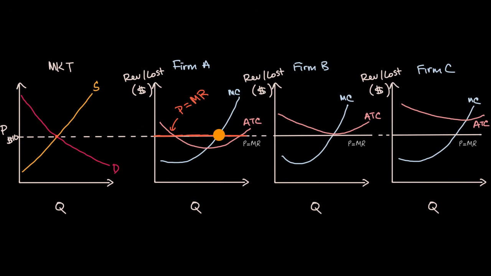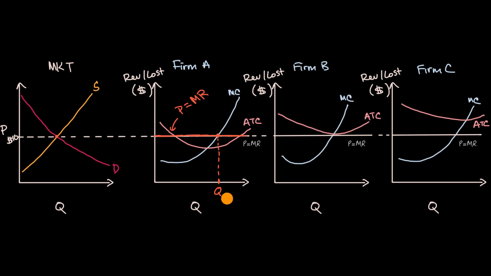And so for that extra unit, if you can't sell it for more than you're producing it for, then you wouldn't produce that extra unit. So it's rational for them to produce more and more. The marginal cost goes higher and higher until right at the point that marginal cost is equal to marginal revenue, which is equal to the market price, which they're just going to take. So it's rational for this firm to produce this quantity right over here.